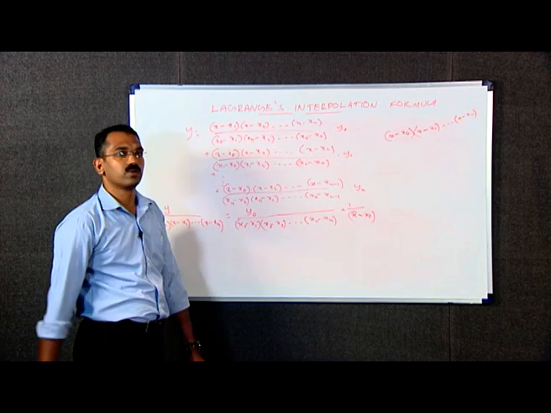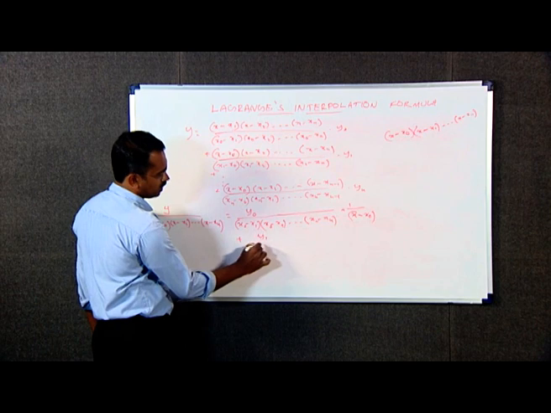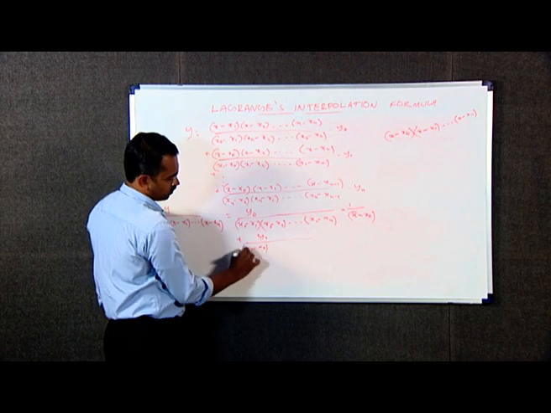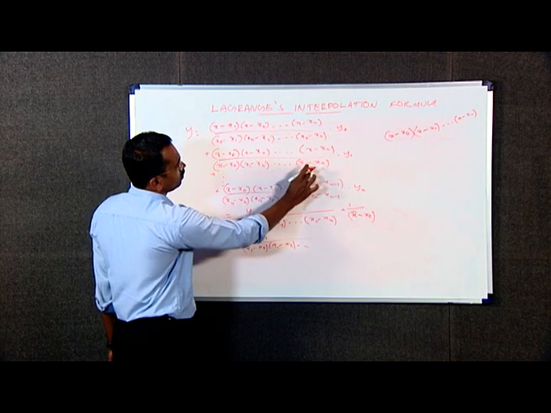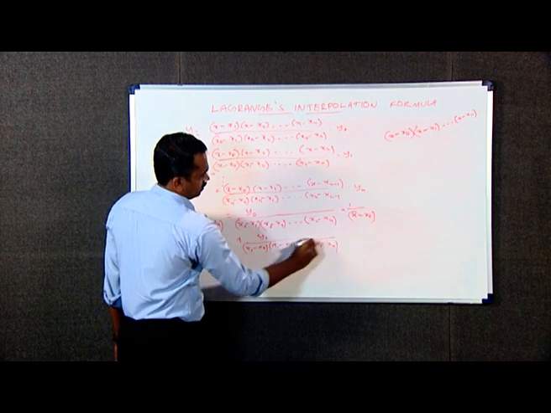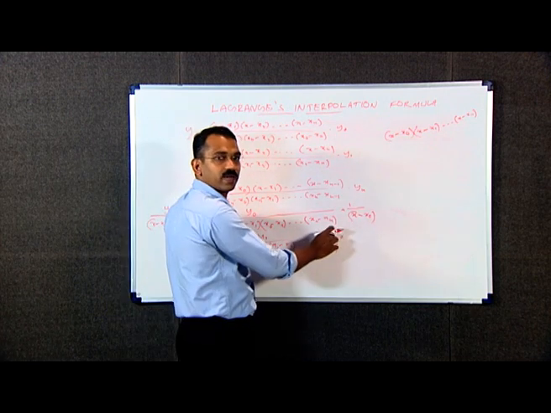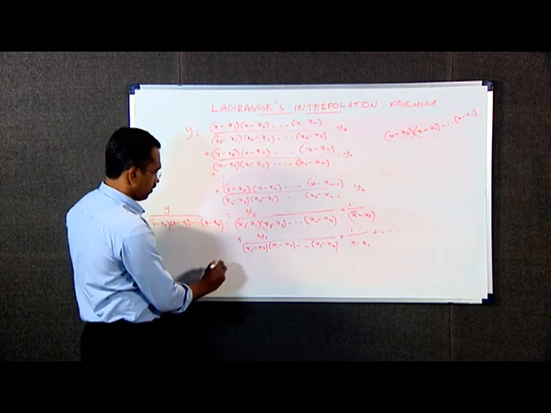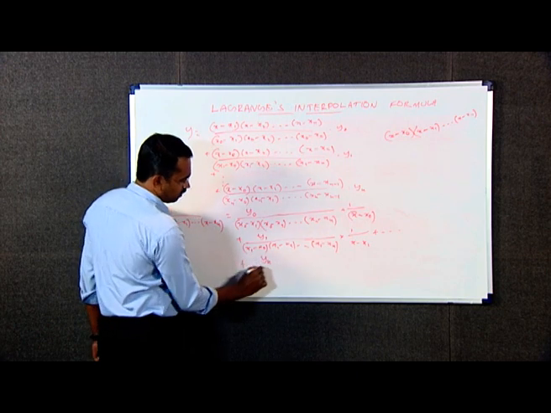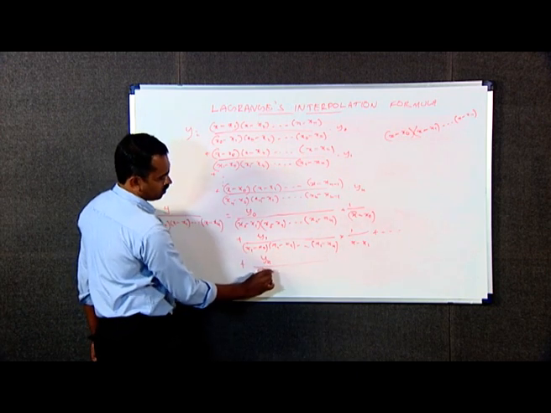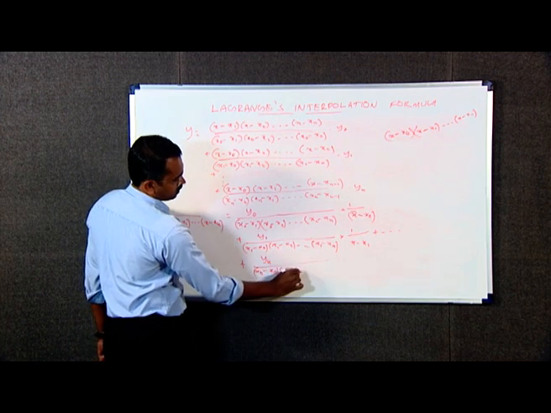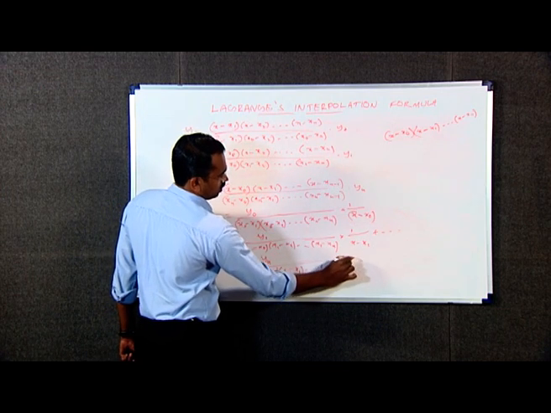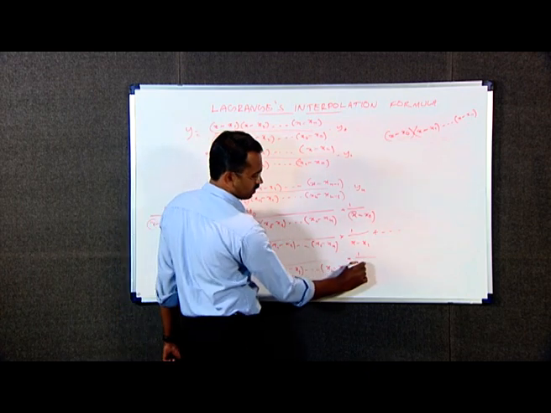In the second term, we get plus y1 divided by (x1 minus x naught) into (x1 minus x2) into etc. into (x1 minus xn) into 1 divided by (x minus x1), plus etc. plus yn divided by (xn minus x naught) into (xn minus x1) into etc. (xn minus xn minus 1) into 1 divided by (x minus xn).